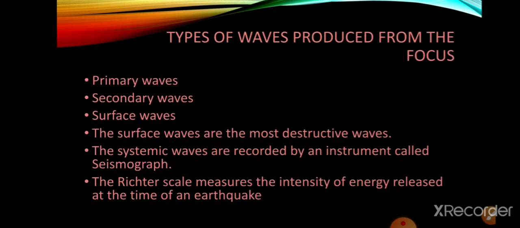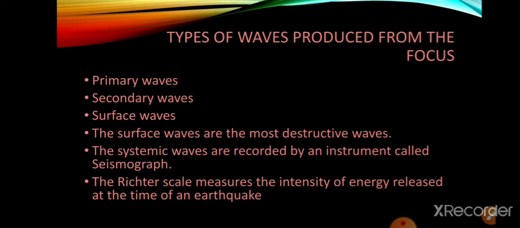The next one, the types of waves produced from the focus. There are 3 types of waves produced from the focus during an earthquake. The first one is primary wave, second one secondary wave, and the surface wave.